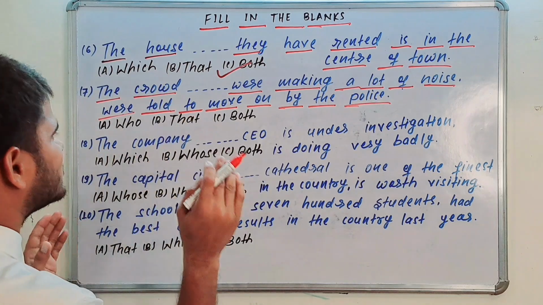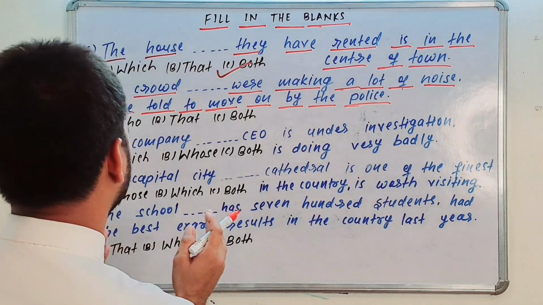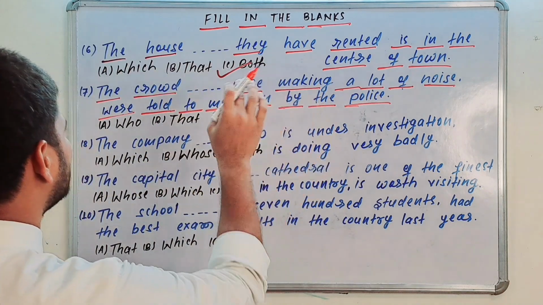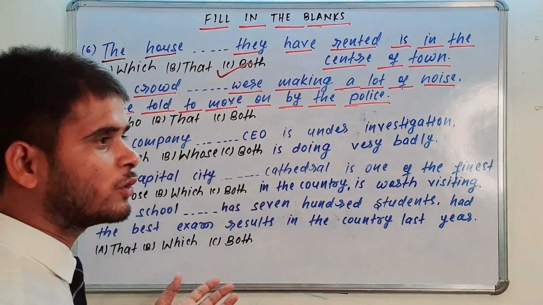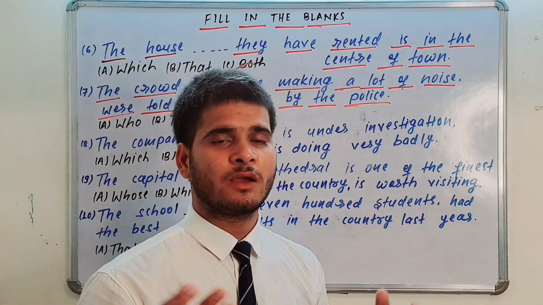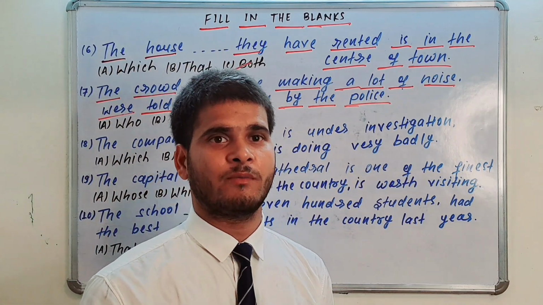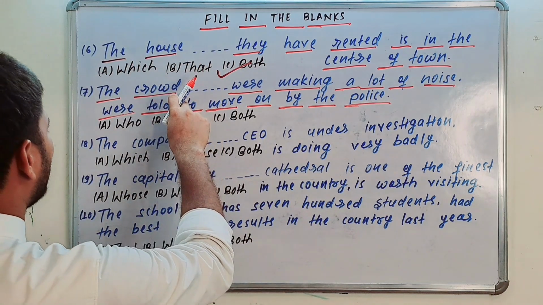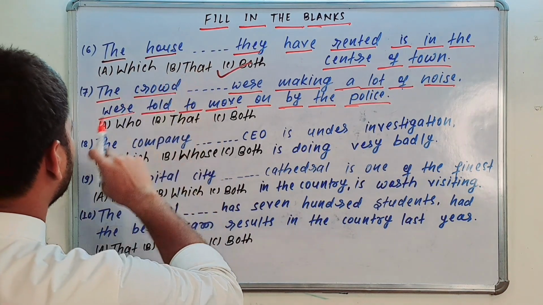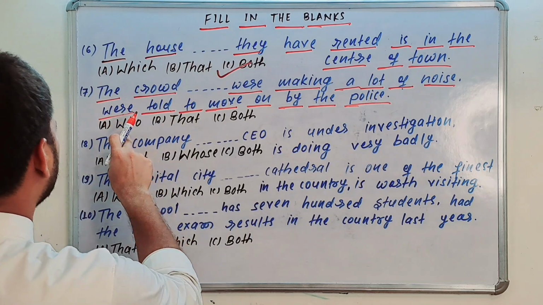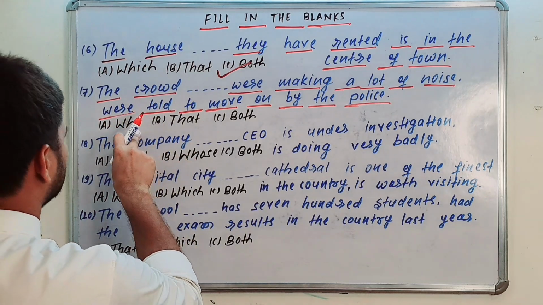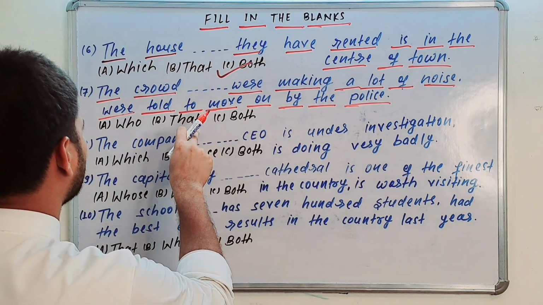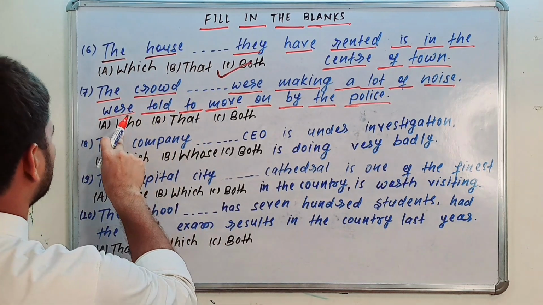Crowd means a group of people, a group of men, a group of women. So crowd is a collective noun, meaning a group of people. And you know who, option A, is only used for persons, and that is used for persons, animals or things. But the suitable answer is who.